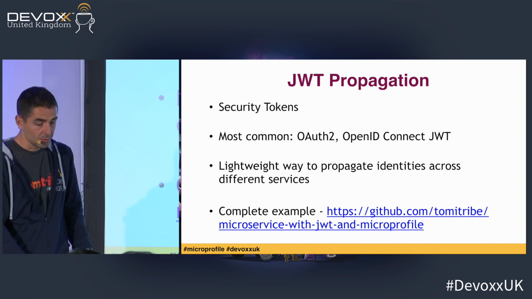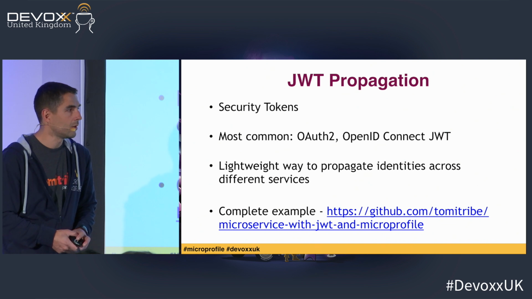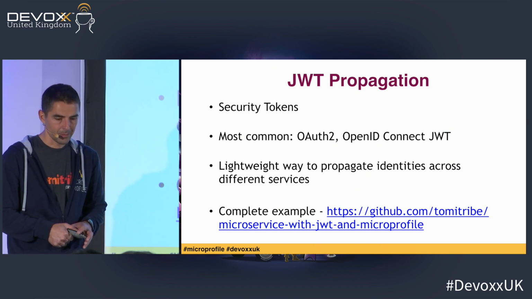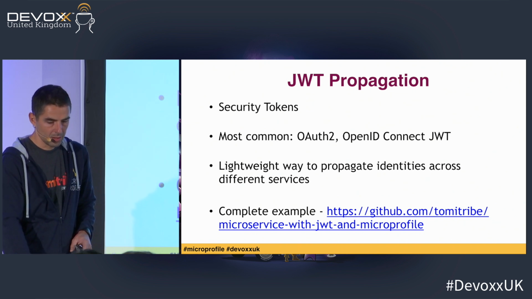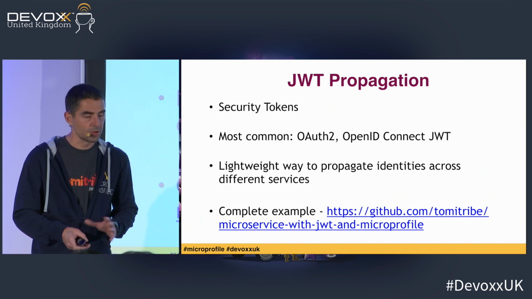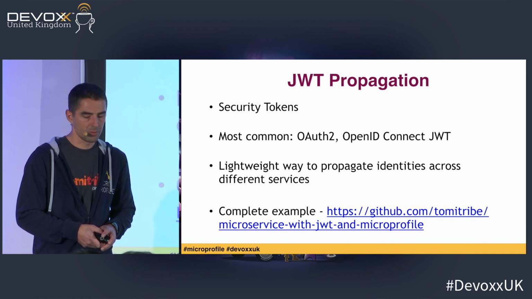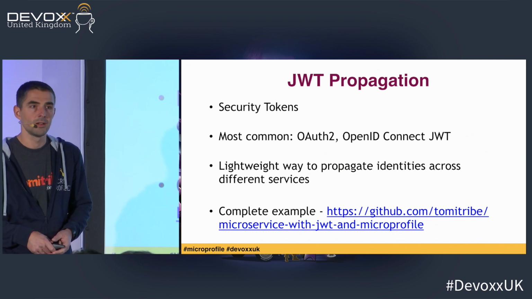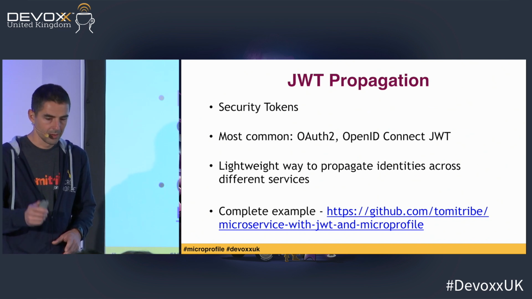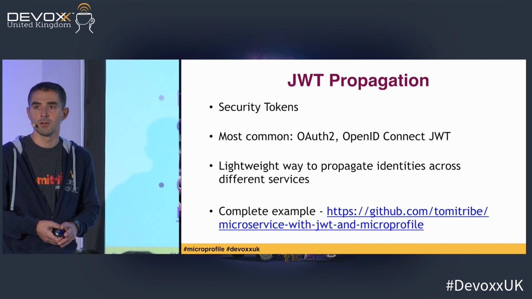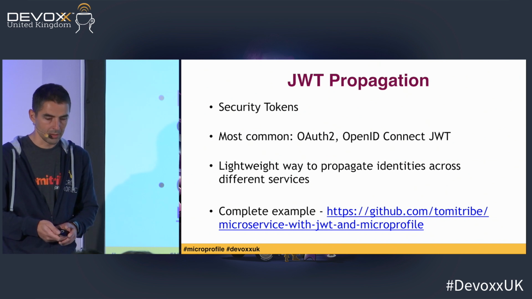So JWT propagation is relying on JWT, which is JSON-based. We have a more complete example with all the JWT stuff available under this GitHub project. So if you want to grab the picture and try it later, you are more than welcome. Today we're just going to be looking at and trying a subset of the features.